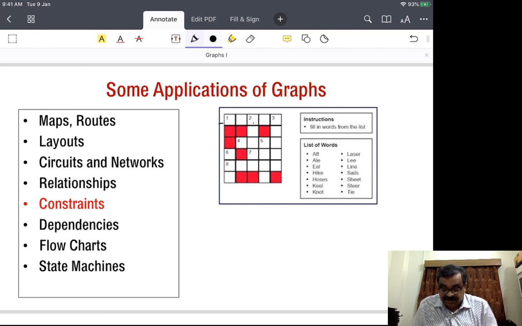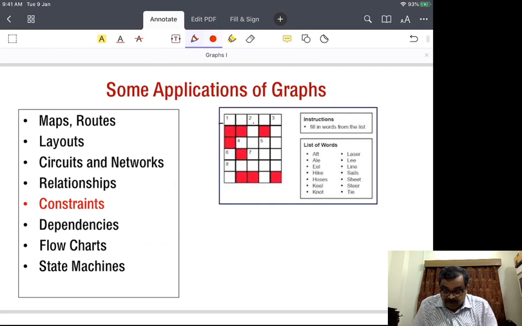Four across and two down must match in the second letter of four across and the third letter of two down, and so forth. So given a set of words here, which are given here, you have to fill in these words in order to satisfy the constraints. In order to draw this graph, each such node will become a graph node.